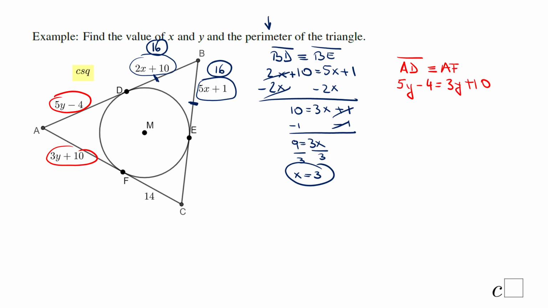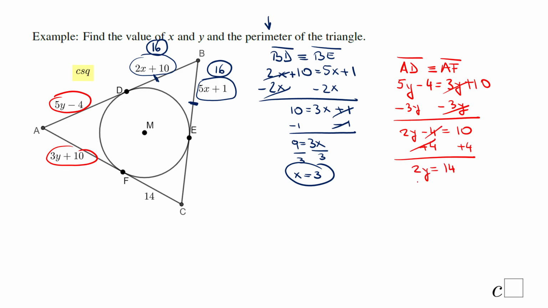Those two segments represent the tangents from point A. Again, I will do very similar math. I will subtract 3y, and we have 2y minus 4 equals 10. Add 4, and we have 2y equals 14. Divide by 2. y equals 7.